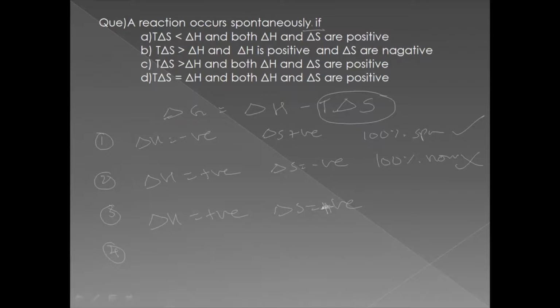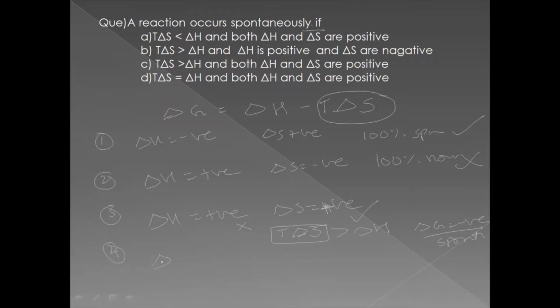So when delta H is positive and delta S is positive, delta H positive is not a favorable factor for the spontaneous process, and delta S positive is the favorable factor. So the reaction may be spontaneous or non-spontaneous. At that time, the T delta S magnitude should be greater than delta H. Then only delta G becomes negative. That means reaction becomes spontaneous.